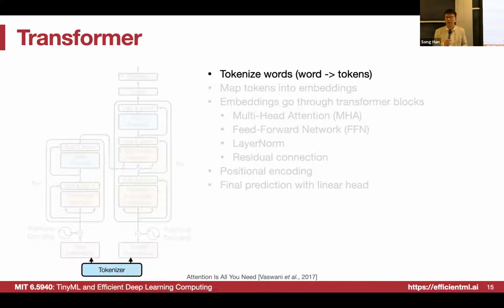And we'll start with the tokenizer. So how do we convert a word into a token that the computers can understand, which is the very first step in a transformer.